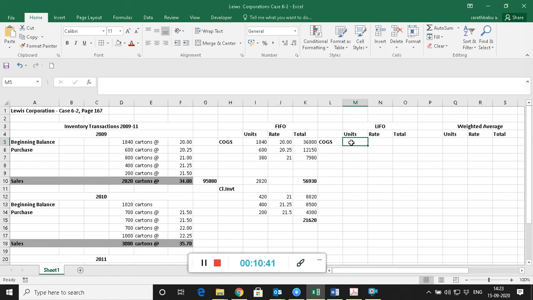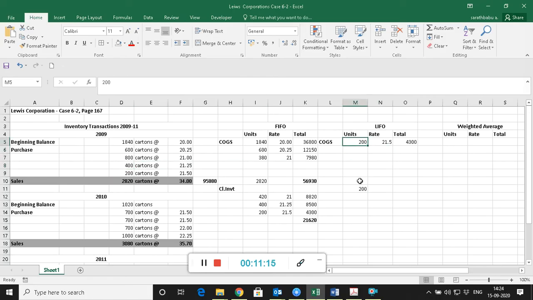For the year 2009 it is 200 at the rate of 21.50 and the total is 4,300. Okay, let me have a sum over here so that I'll be able to match the number of units sold as I issue lots from here.